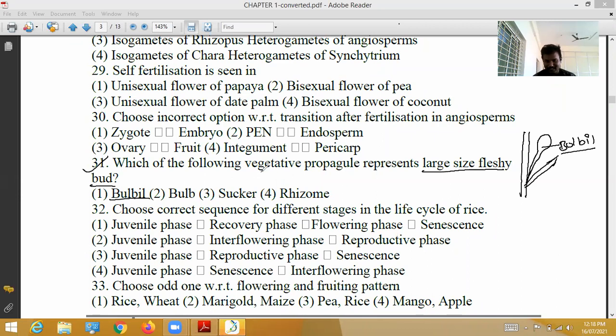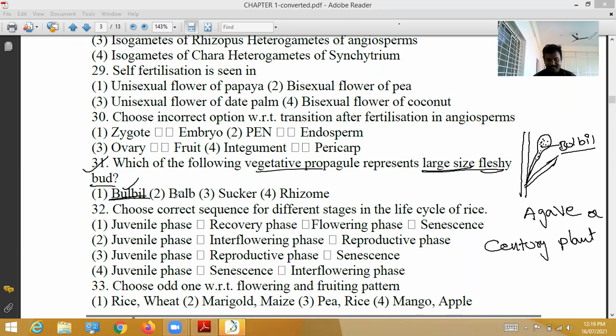So this vegetative propagule represents a large size fleshy bud. The fleshy part is called the bulbil, which stores the food material. It is vegetative propagation by bud. Example, agave, which is also called century plant.